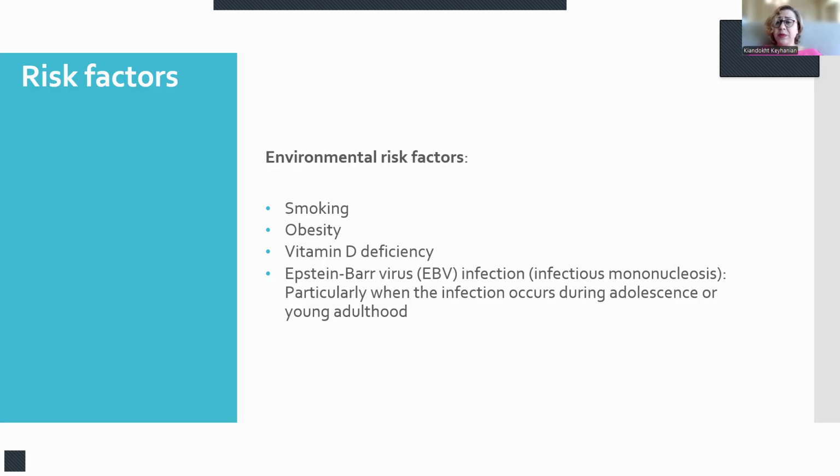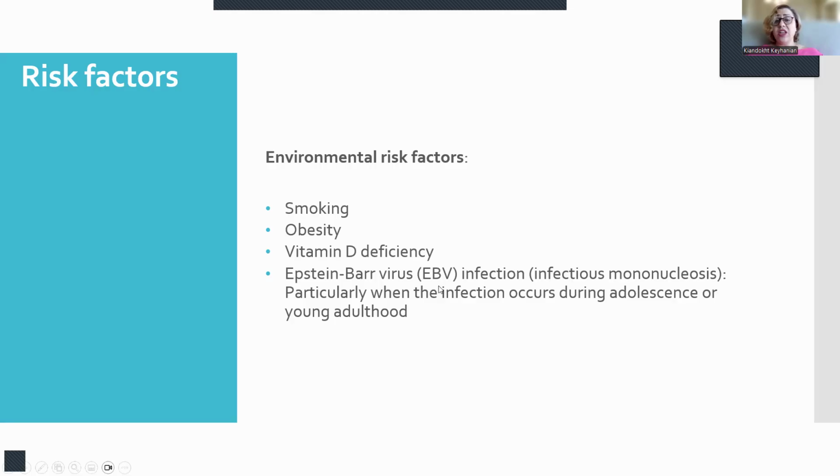It might not be as much of a risk factor if you get it when you're young as when you get it when you're older. When you get this EBV infection at an older age, usually your symptoms are worse, and there is a higher chance of getting autoimmunity with the EBV infection. Sometimes it can even cause a lymphoma type of malignancy too.